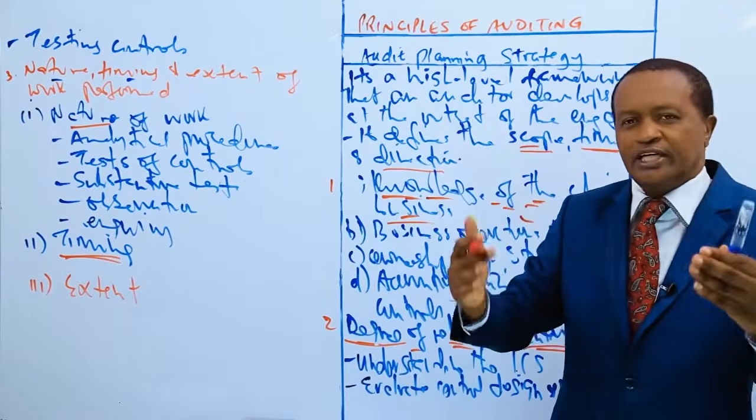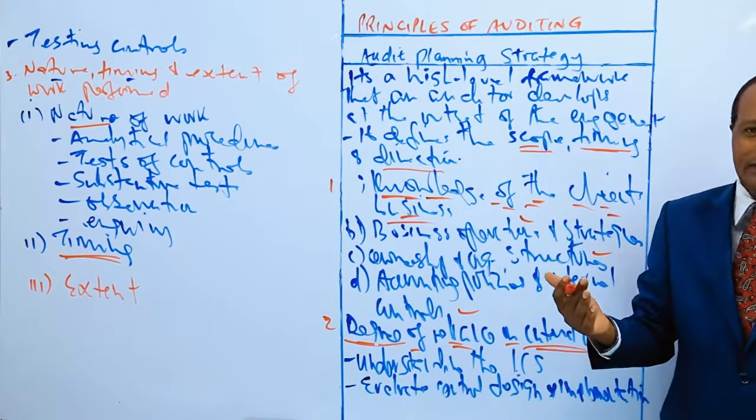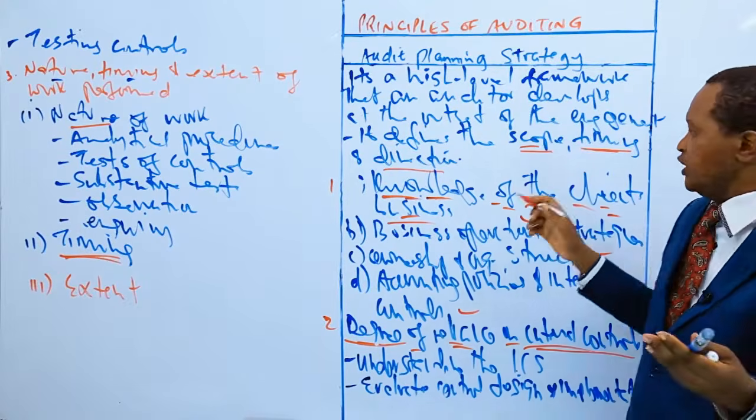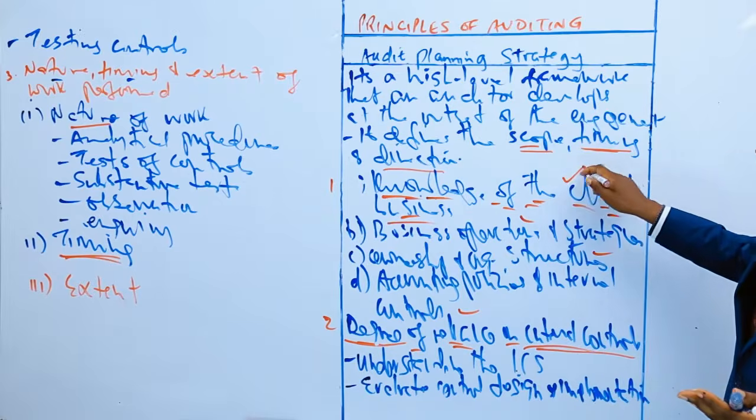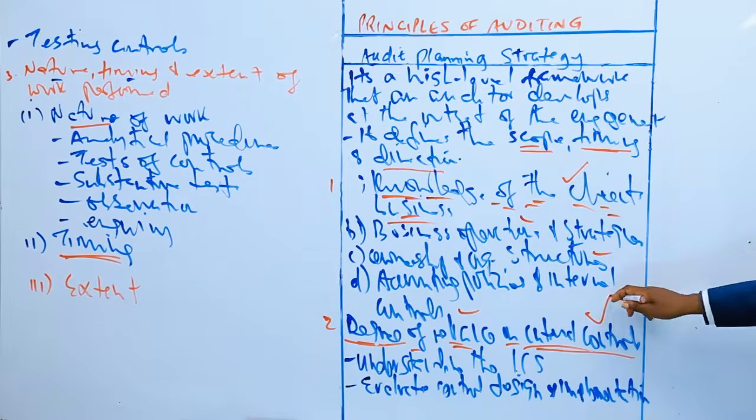By meticulously planning these 3 aspects, knowledge of the client's business, degree of reliance on internal controls, and nature, timing, and extent of the work to be performed, the auditor ensures that the audit is conducted efficiently.